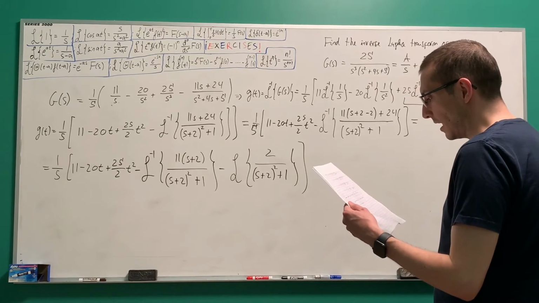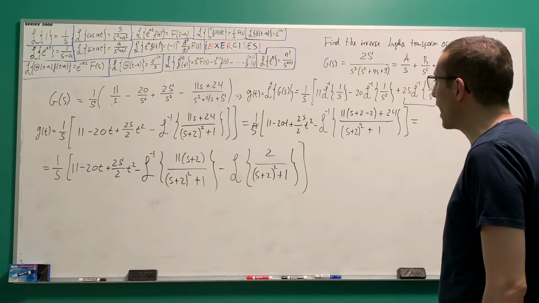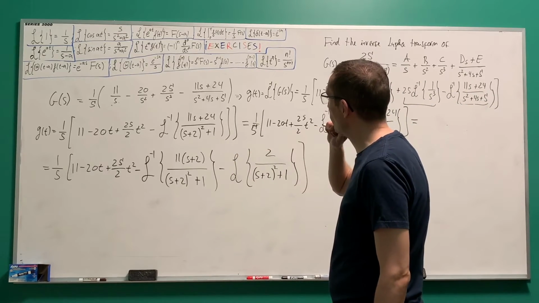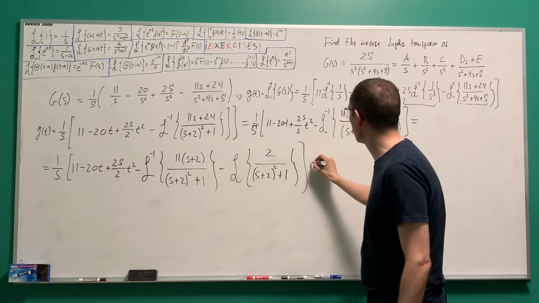All right. So, what we have here then is the following. This one, we can already see more or less what we have. So the 11 can come out. So let me just write.